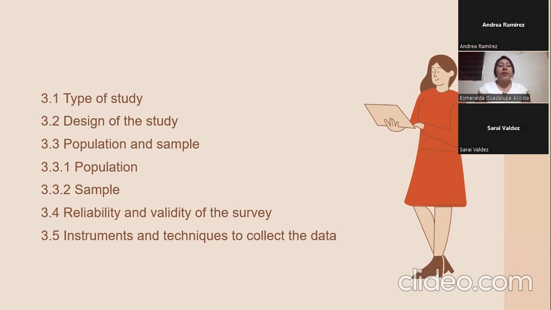In the part of the reliability and validity of the surveys, the reliability is in order to know the consistency that the instrument has, and the validity is in order to know how the instrument reflects a specific characteristic of the data. And the last one that we have is instruments and techniques to collect the data. In the part of the instruments, we have decided to use a Likert type instrument that is a psychometric scale that is going to help us to order the different answers that we are going to get from the instrument.